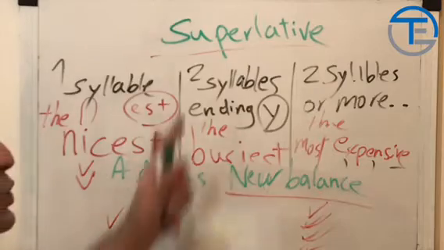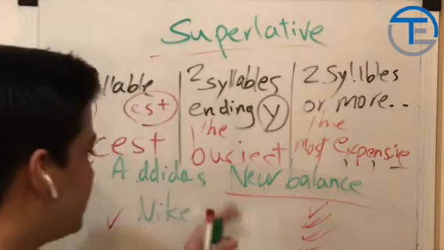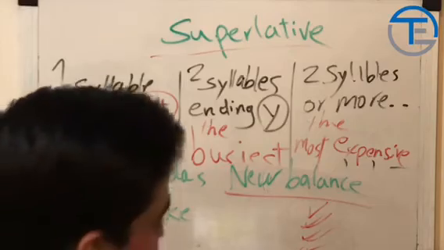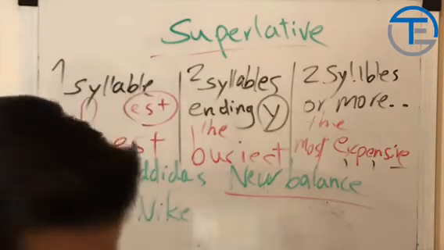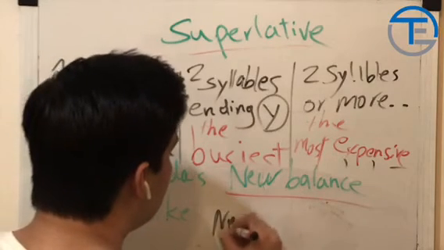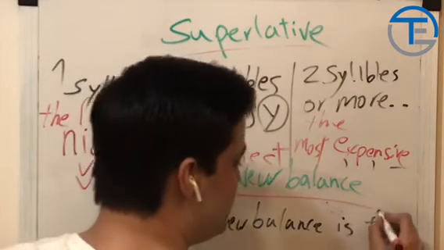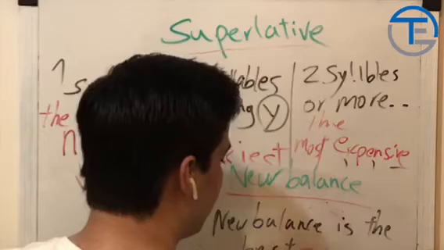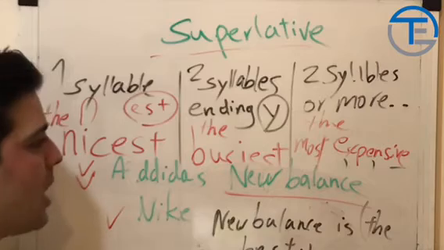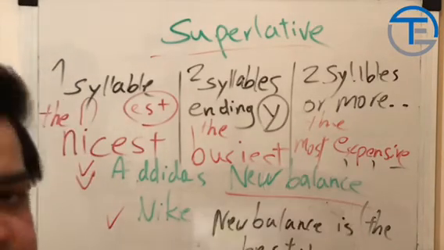Now you can use a superlative adjective in your sentence. Very easy. You can make a sentence: New Balance is the best. The best here is a superlative adjective. Or another superlative adjective, for example, I can use the most expensive.